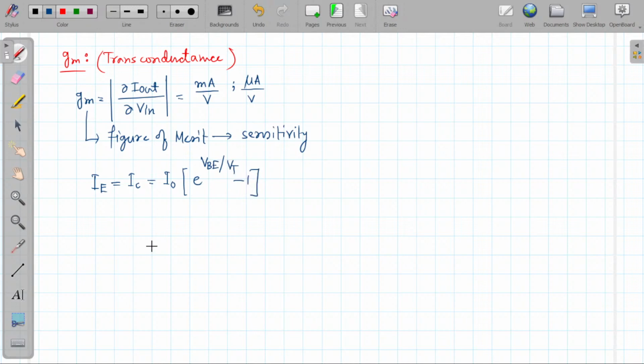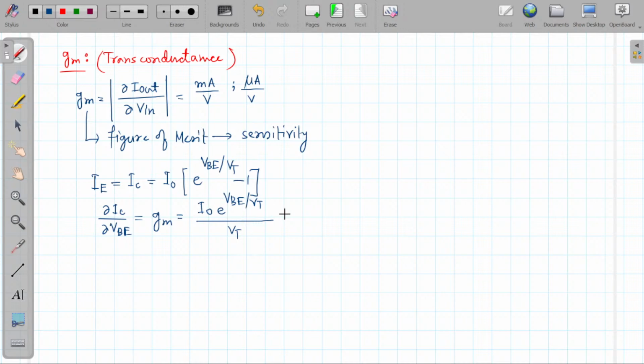Now from this we can find the value of del IC divided by del VBE. This is the GM, and if we do the partial derivative, we will get I0 e to the power VBE by VT divided by VT.